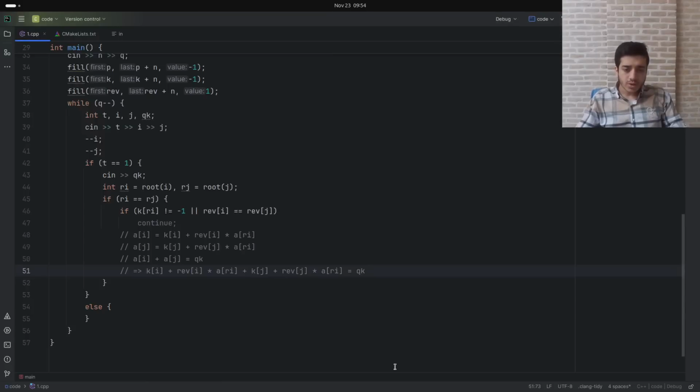They are integers, okay? And we know that revs are equal.